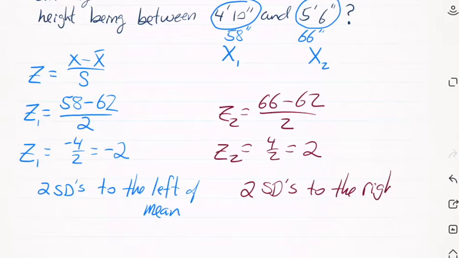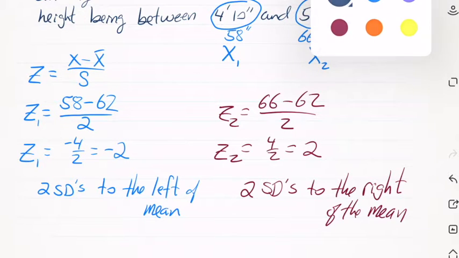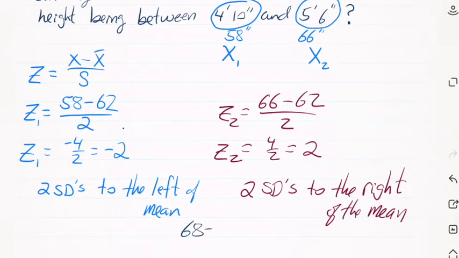Now, if you're within, and this is within because you're going left and right, then the percent is going to be, when we look at the 68, 95, 99.7, then 2 standard deviations to the left and to the right is the middle number because it's the second number.